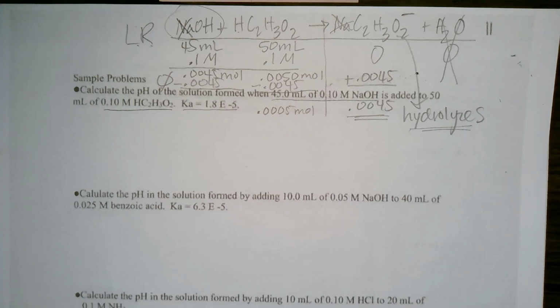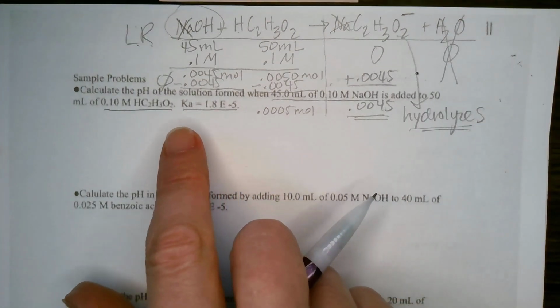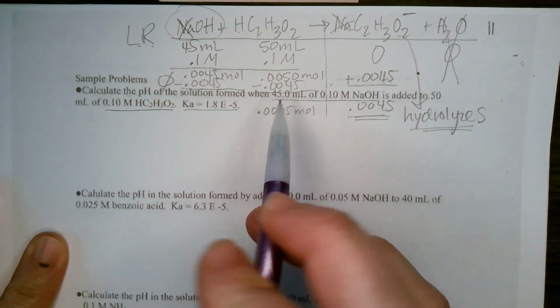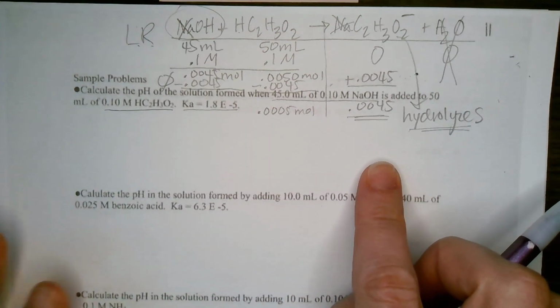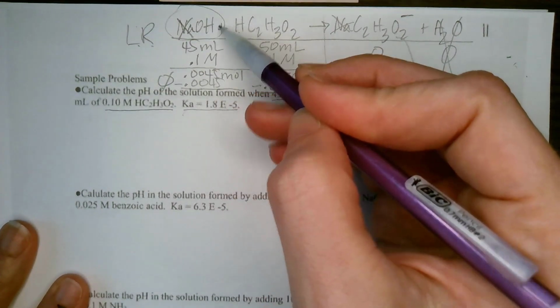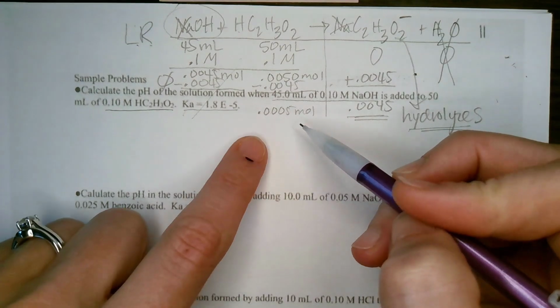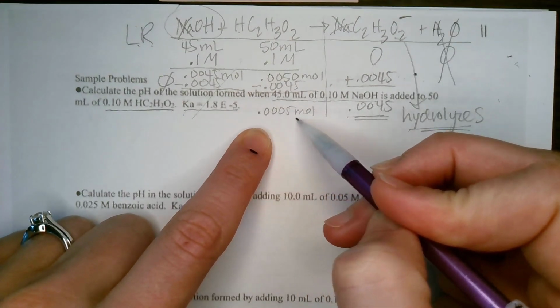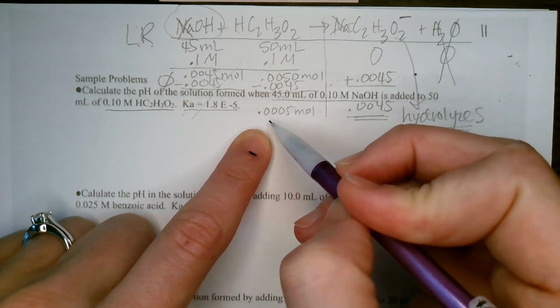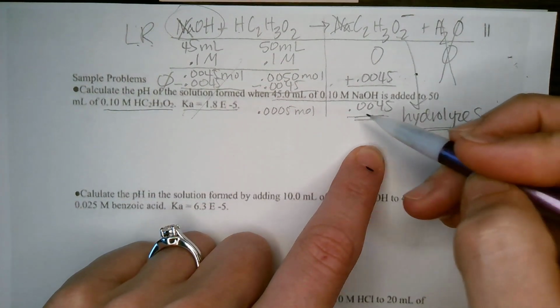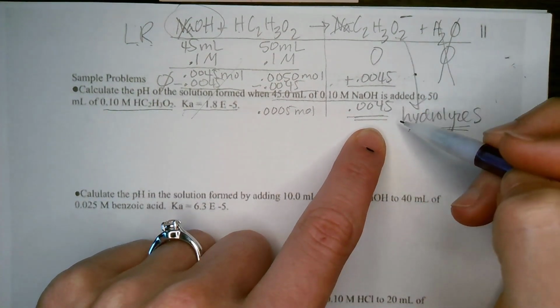So let's plug this in. First, we can see the pH of the solution formed when we add all of this together. So we have no hydroxide left here, but I've got 0.0005 moles of my acetic acid, and I have 0.0045 base that was produced.